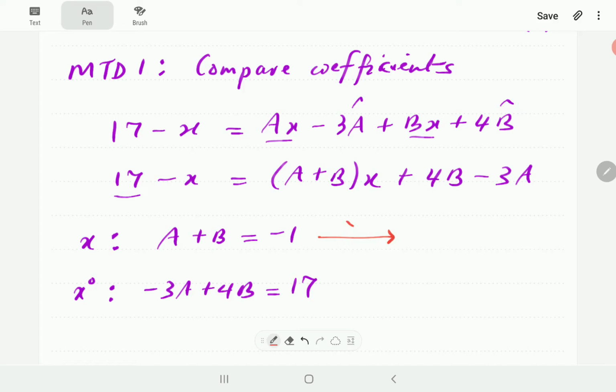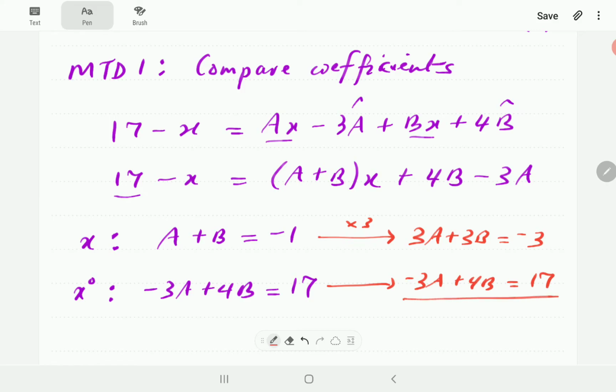If we multiply this by 3, then we're going to have 3a plus 3b is equal to -3. If we just write this one as it is, -3a plus 4b is equal to 17. Then we add, so a is going to drop out.